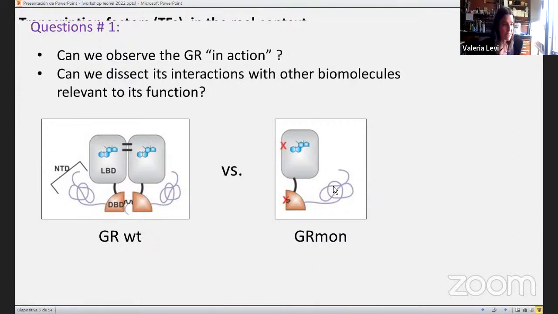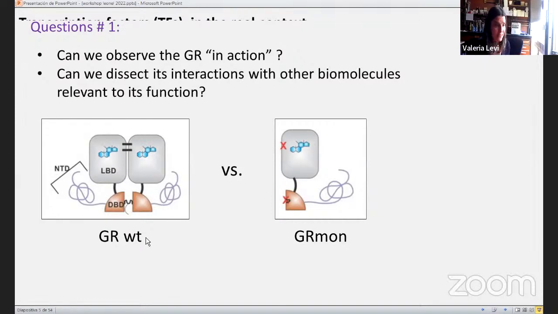So just to simplify the talk, I will talk about the wild-type version of the receptor. This is the DNA binding domain, the ligand binding domain. You must remember, or perhaps you don't remember, that Diego explained that the receptor, when it is active, forms dimers.